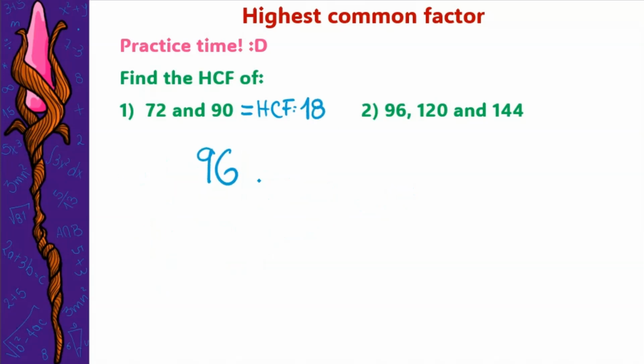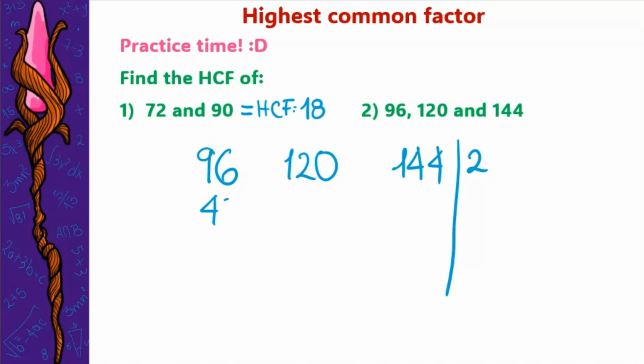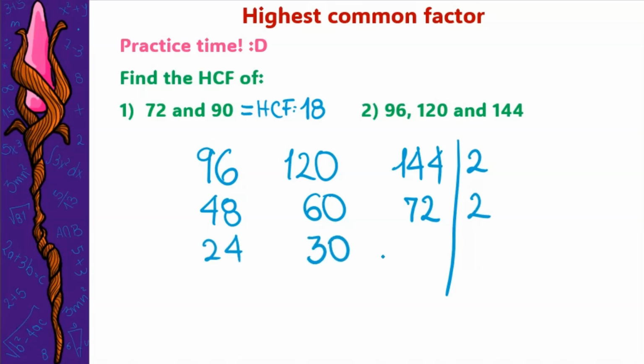Let's check the second one. Half is 48, 60, and 72. Again half: 24, 30, 36. Again half: 12, 15, 18.